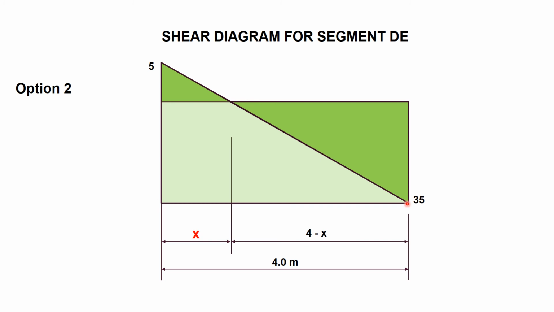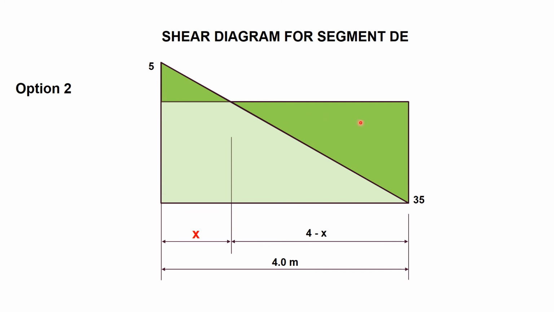Kaya ang gagamitin mo rin na mga values dyan ay yung mga shear values pa rin na 35 and 5. So, again, itong ordinate is 5. Itong ordinate na to is 35. So, ibig sabihin, if you will use this big triangle, this is 5, and this is 35.